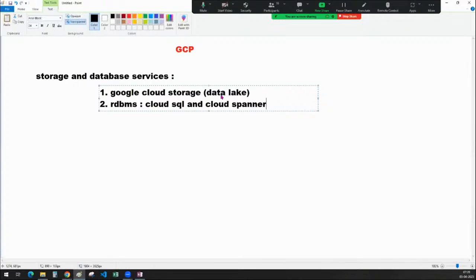Cloud SQL is one of the fully managed services provided by the GCP for running MySQL engines, as well as PostgreSQL engines, as well as SQL Server. That means if you have an on-premises MySQL and you want to migrate it to the same MySQL with the same version in the cloud, you have these services readily available, guys. So this is Cloud SQL and Cloud Spanner that we are going to see in our sessions.